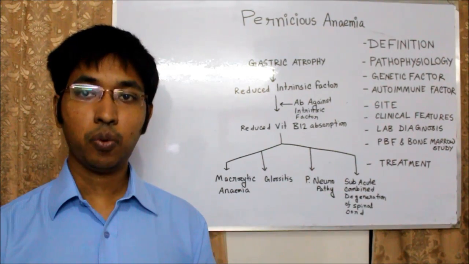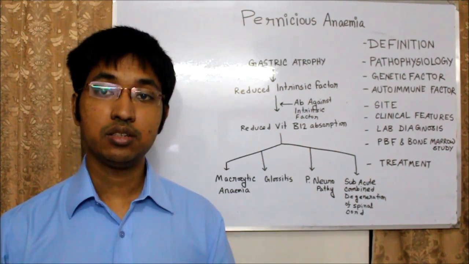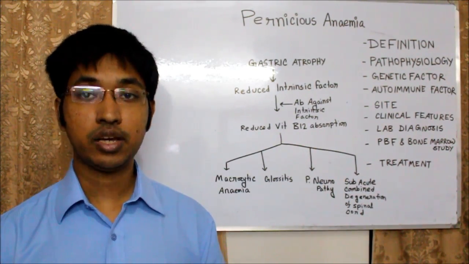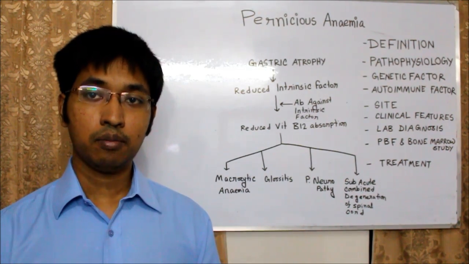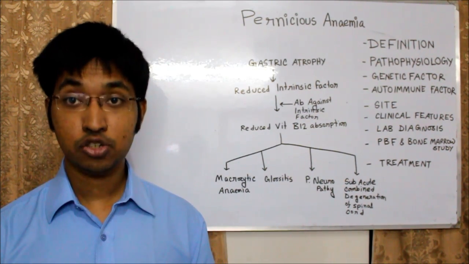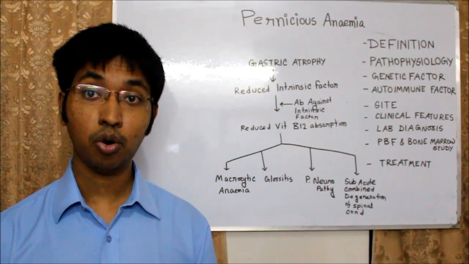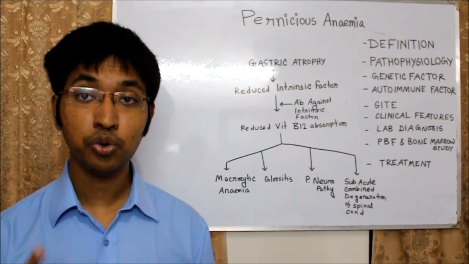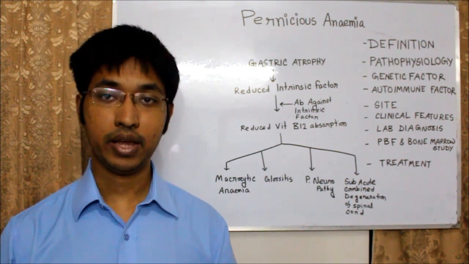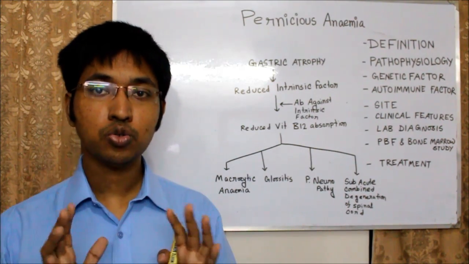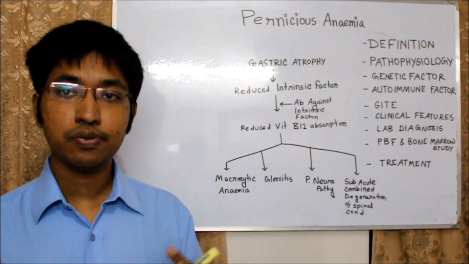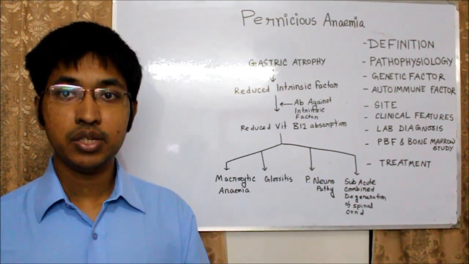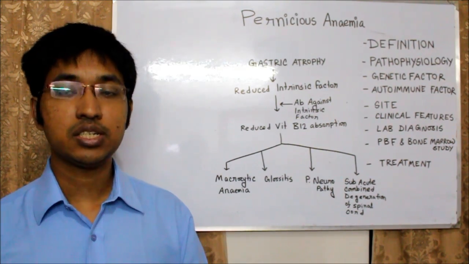And the last point I would like to add regarding the genetic factors of pernicious anemia is eye color and skin tone. Pernicious anemia is more common in people with blue eyes and white complexion. Okay, so those were the genetic factors that can be linked with pernicious anemia.